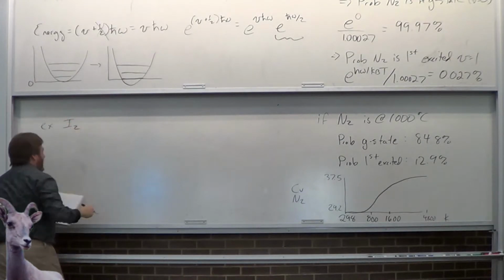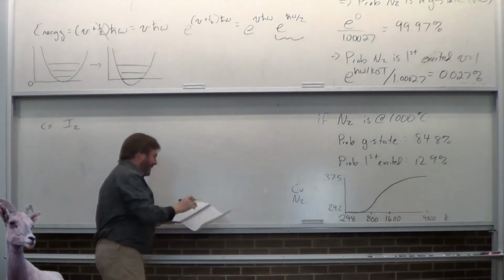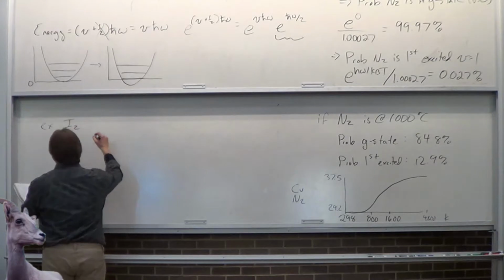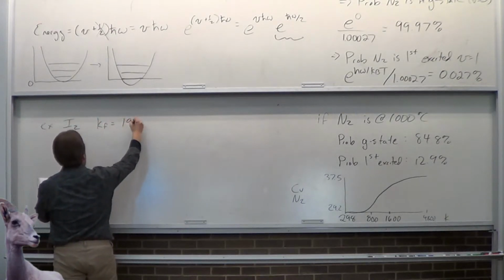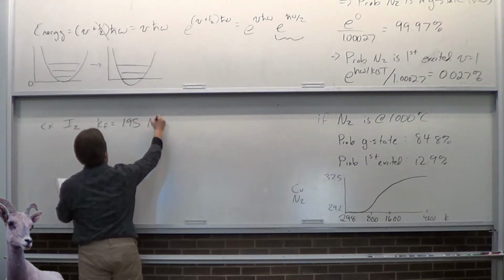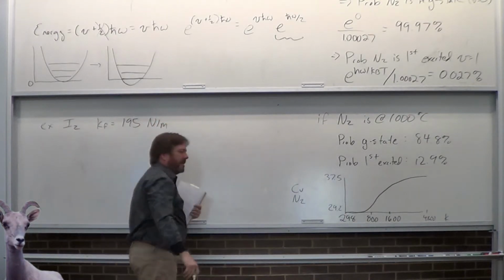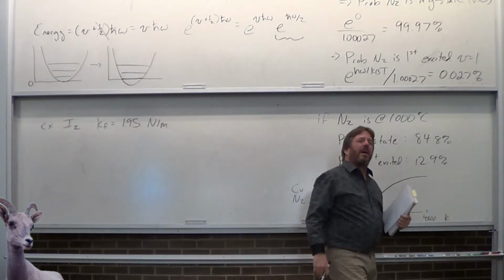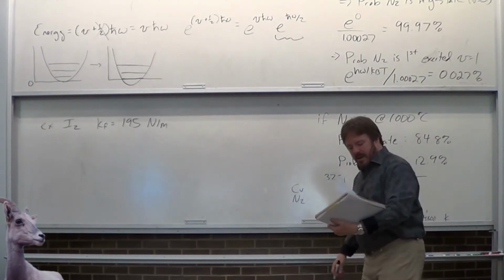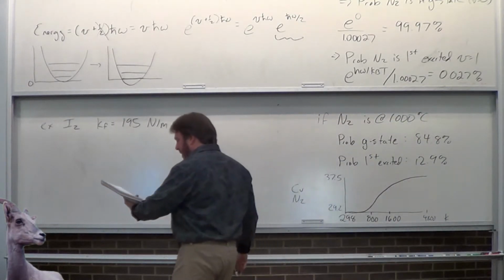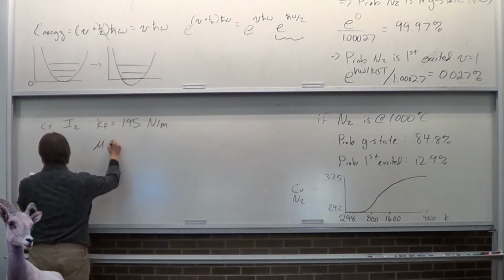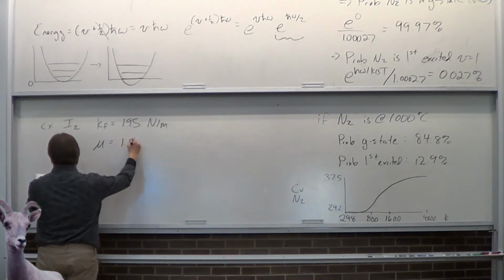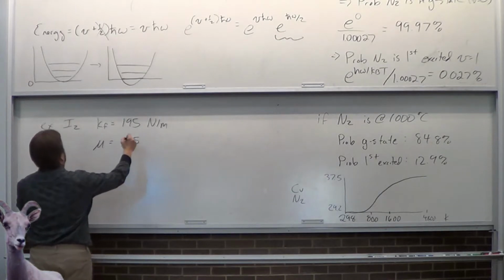I2, and these are the numbers I was accidentally writing before, has a much smaller spring constant. Yes, Newton per meter is a kilogram per second squared, by the way. Makes a little bit more sense when you look at this. Its reduced mass is way higher. Wait a minute.